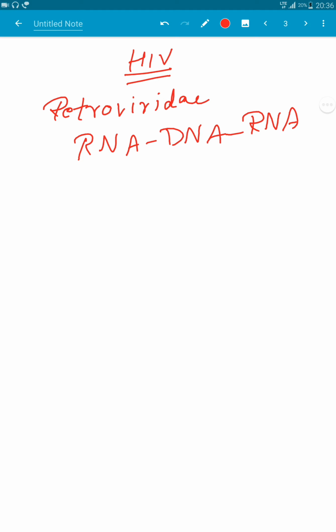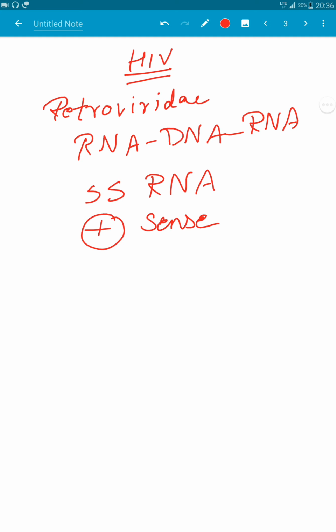It is a single stranded RNA, and it is positive sense. What is positive sense? I will discuss it in features of virus in another video. It is icosahedral in shape, and it is an enveloped virus.